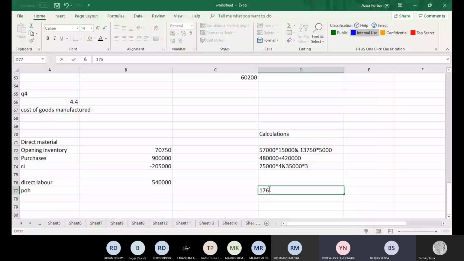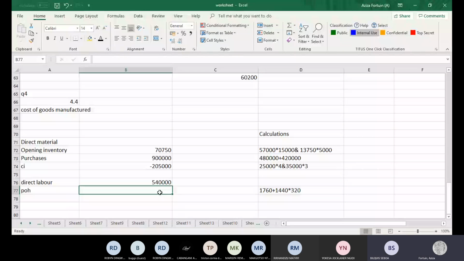Yes, for direct labor hours. So you add that, and then they said here 320 rand per direct labor hour production overheads was apportioned. That's correct. So that multiplied by 3,200 hours gives you 1,024,000.